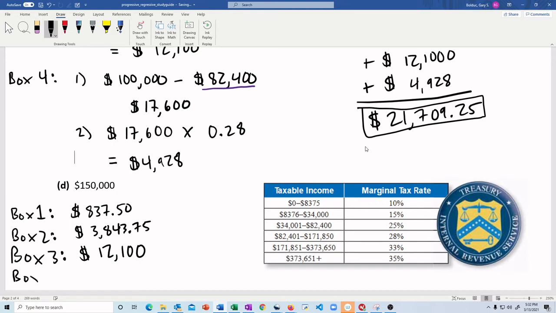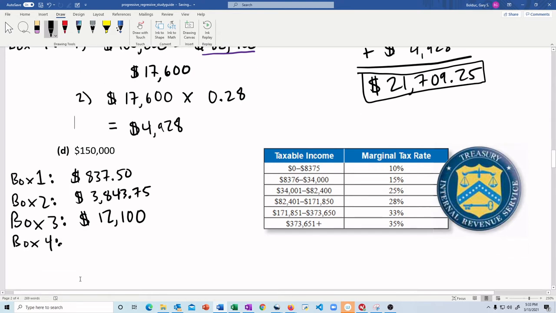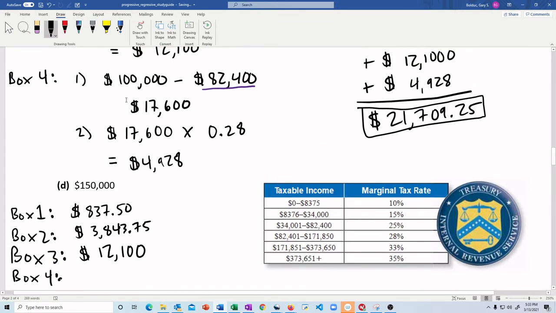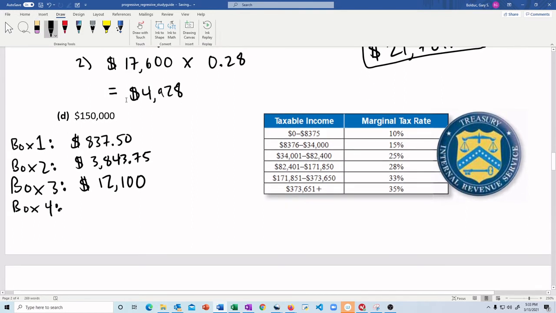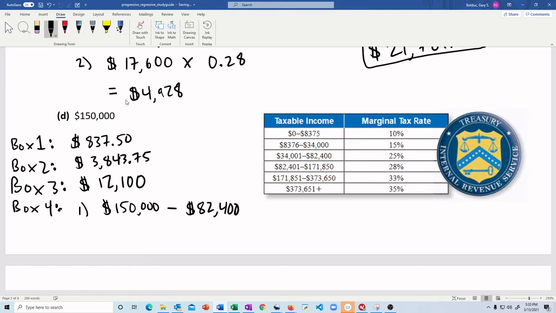Box 4. So this is different now because box 4, I still don't fill up box 4, but I fill it up more. So it'll definitely be different than this number. So what do I do here? Again, my step 1, I make $150,000. I take that away from, well, how much have I already been taxed? I've already been taxed on this first chunk of my money, this $82,400.